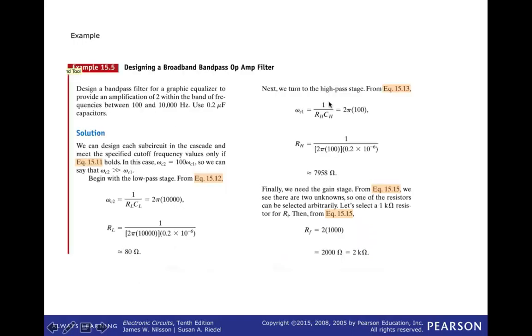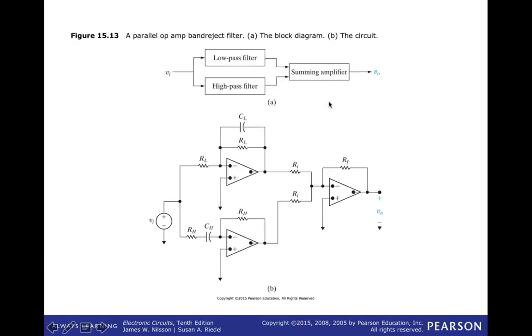So instead, what we do to get the band reject filter is we put these in parallel and we put them into a summing amplifier. So instead of taking the product of the low pass filter and the high pass filter, we're taking the sum of those two outputs. So here's our low pass filter and here's our high pass filter, and this is our summing output amplifier.